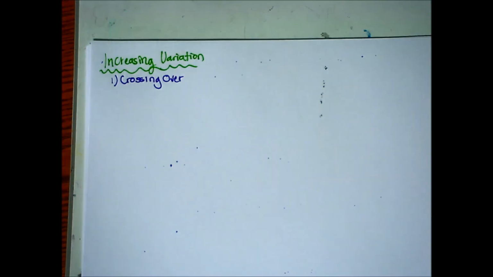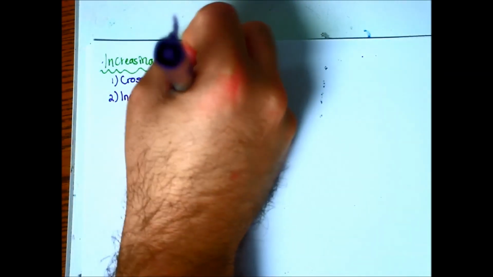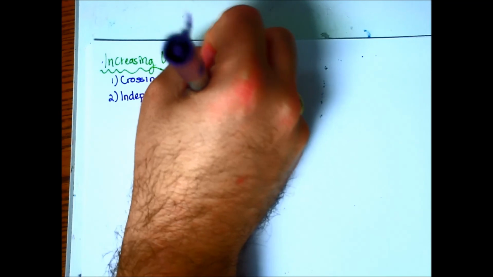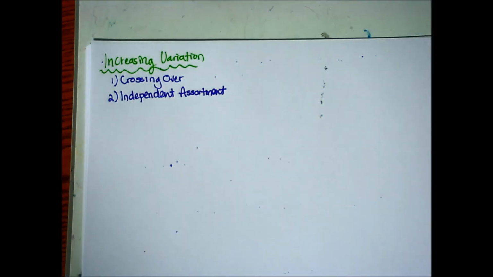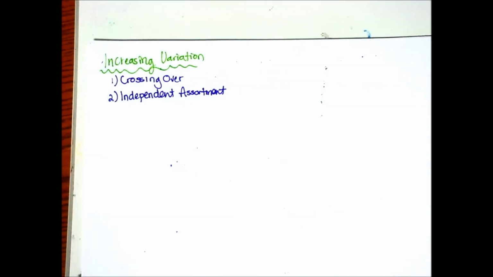The second event is called independent assortment, which is what you just observed, essentially. The fact that these chromosomes independently segregate regardless of type. There's going to be a level 3 reason for increasing variation, but we'll get to that tomorrow.